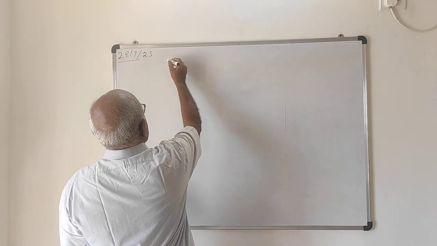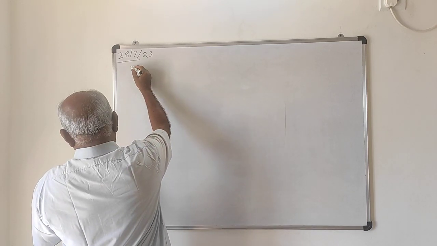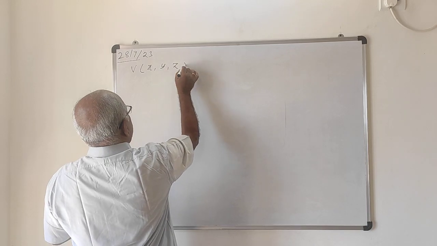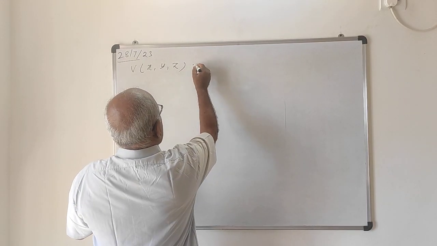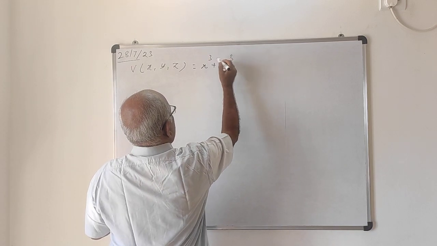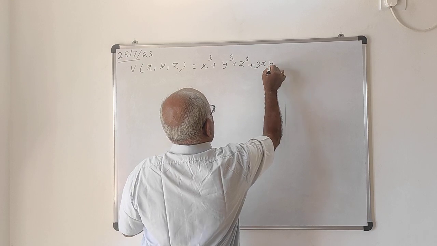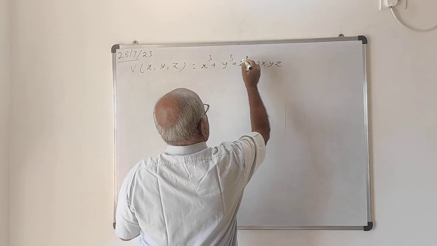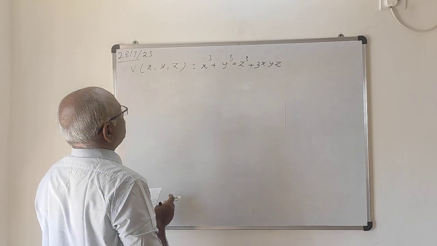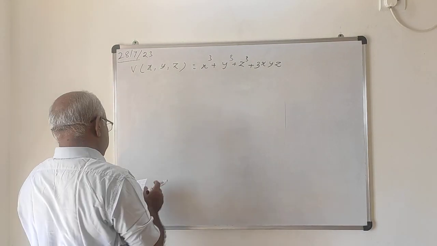If the function is given by v of x, y, z equal to x cube plus y cube plus z cube plus 3xyz. It is a function of v in the variables x, y and z.